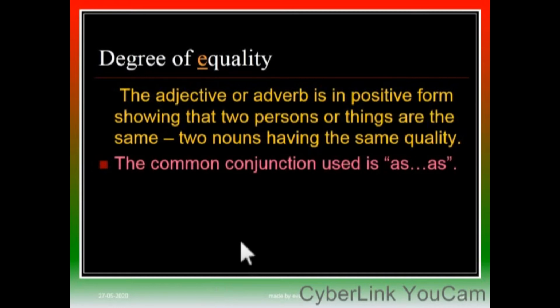Here you can see that two nouns or two persons have the same qualities. Follow: the adjective or adverb is in positive form, showing that two persons or things have the same qualities. The common conjunction used is as... as.